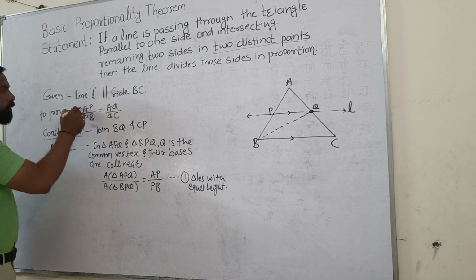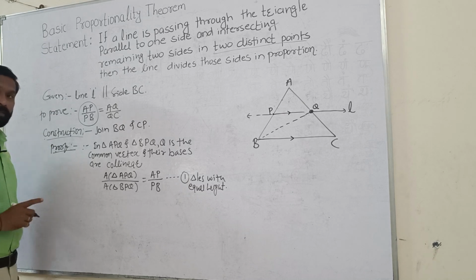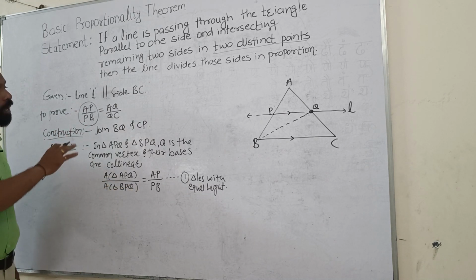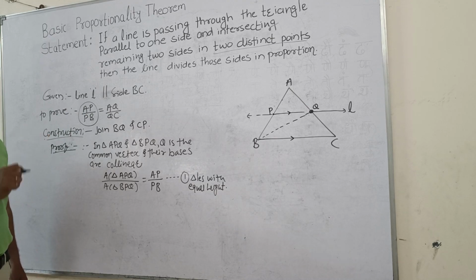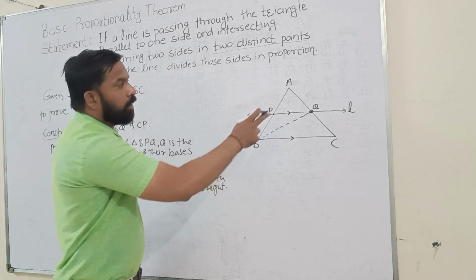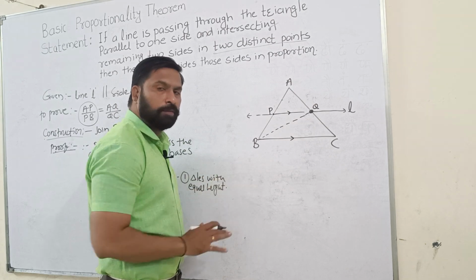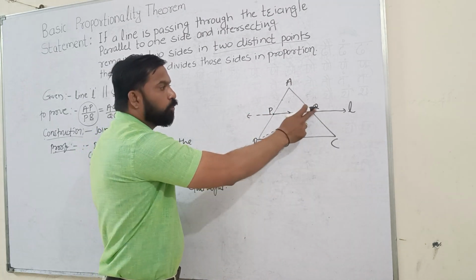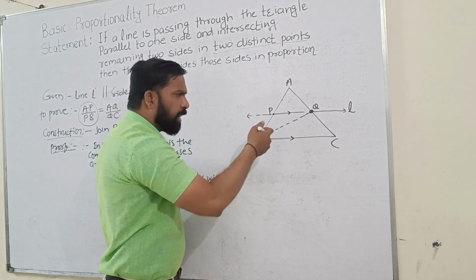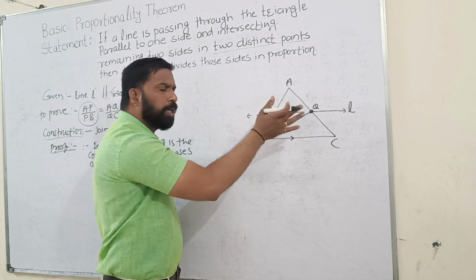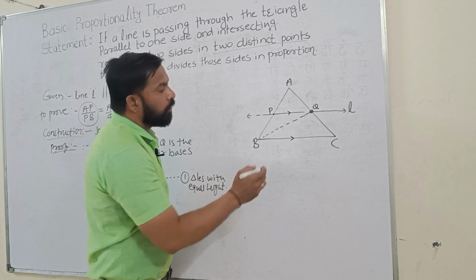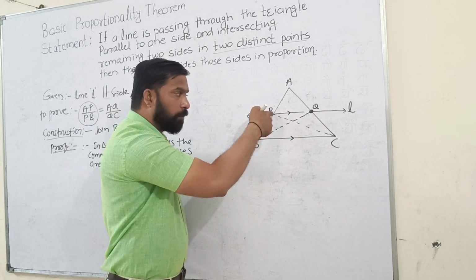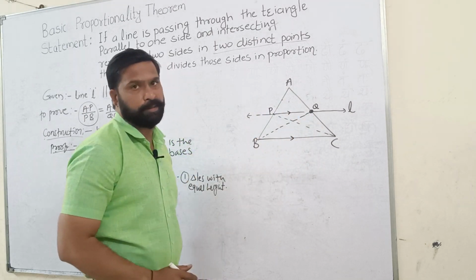We targeted our target and we found the LHS of the target here. What is the RHS of the target? AQ upon QC. If you observe, AQ is the part of APQ with the base P. QC is also part of a triangle, but in which P is not included. But if we join CP, then they will have the common vertex and their bases will be collinear.